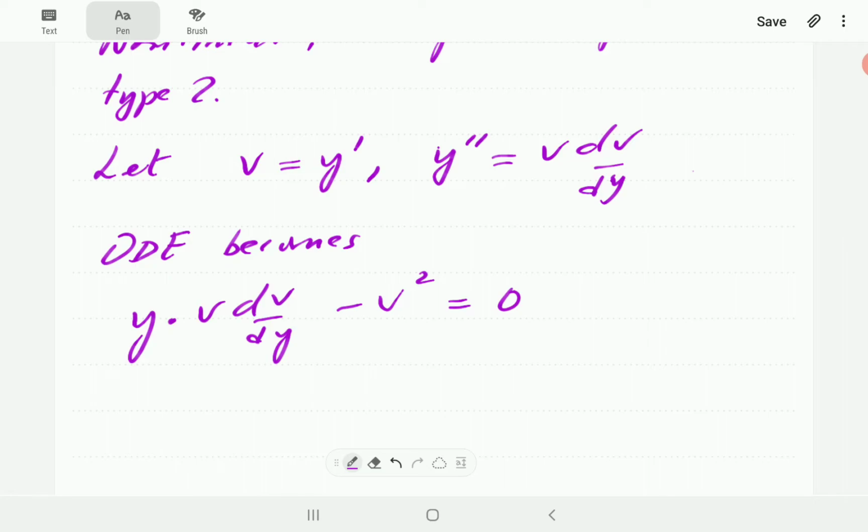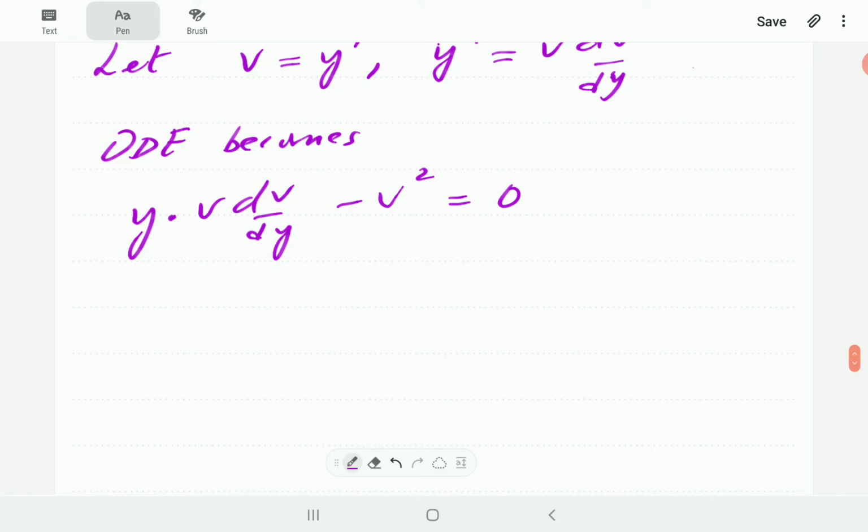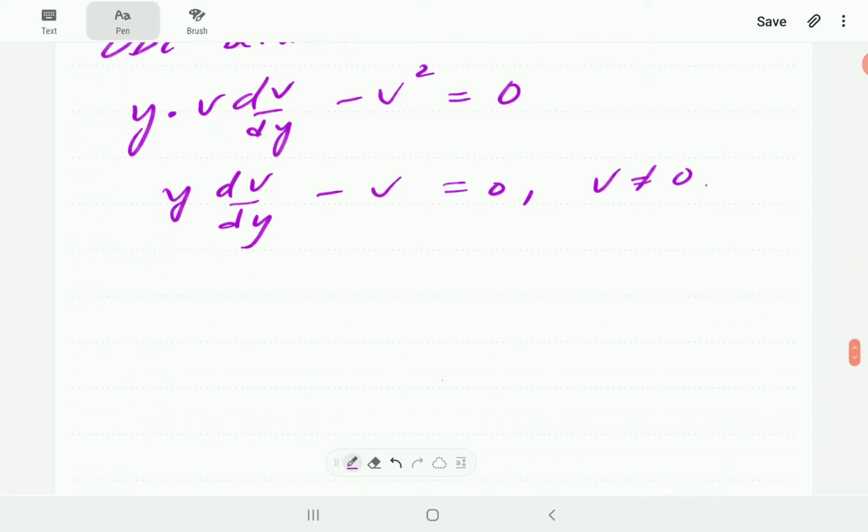So for this one, provided that v is non-zero, we can divide through by v. So this thing is going to be y dv dy minus v. We can handle it like that, or alternatively we can factor out v here, dv dy minus v.